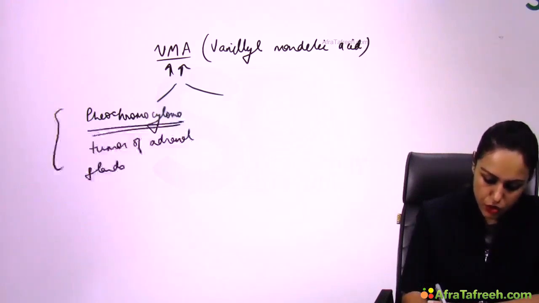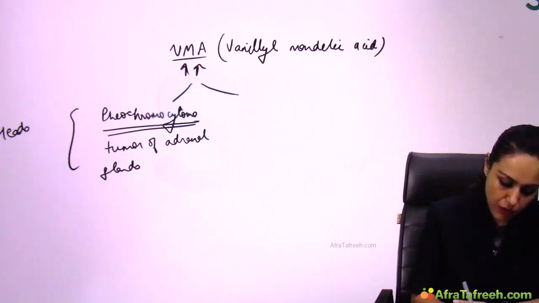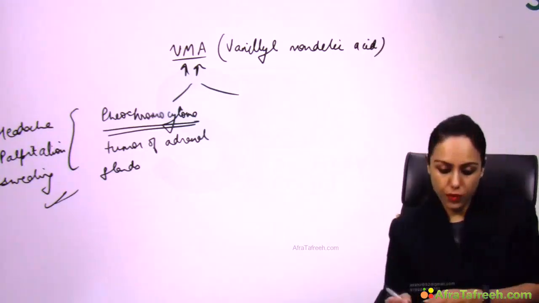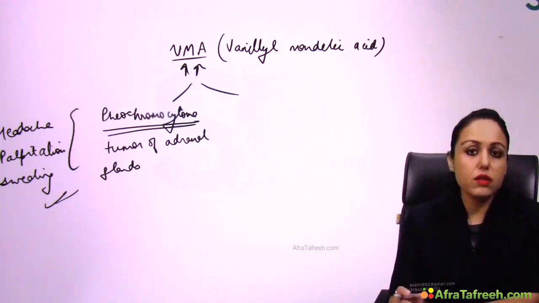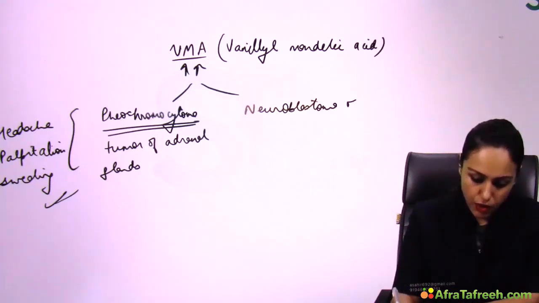Pheochromocytoma is a tumor of the adrenal glands, and in pheochromocytoma the patients have headache, palpitation and profuse sweating, right? The other disease where VMA levels are found to be increased is neuroblastoma of the adrenal glands.